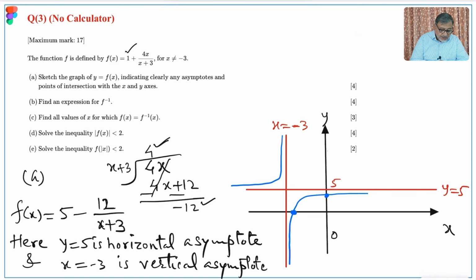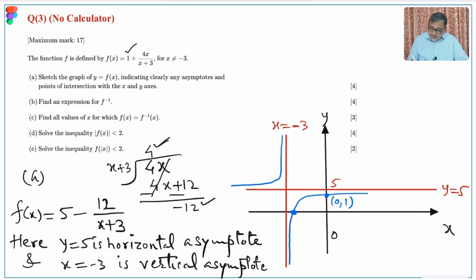So 5 minus 12 divided by 3 gives me 1. So I am going to get the point, when x is 0, it is my y coordinate, so this will be (0, 1), right.